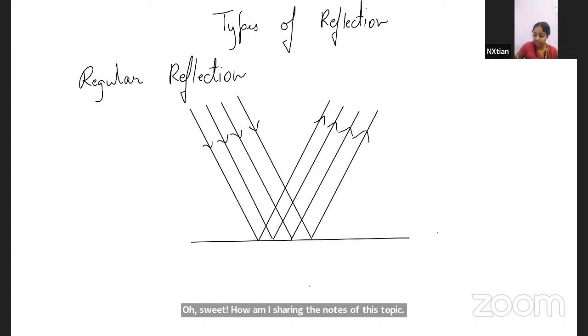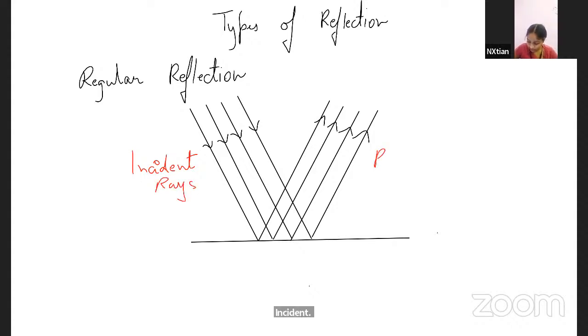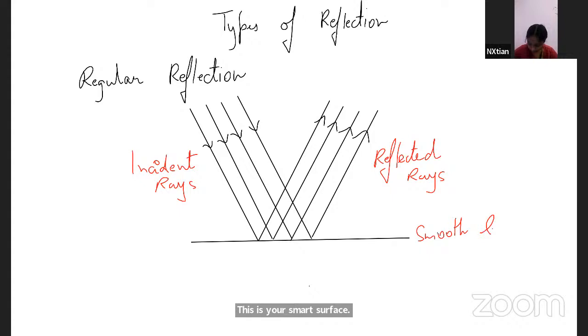This is incident rays. This is reflected rays. This is your smooth surface, or a mirror.